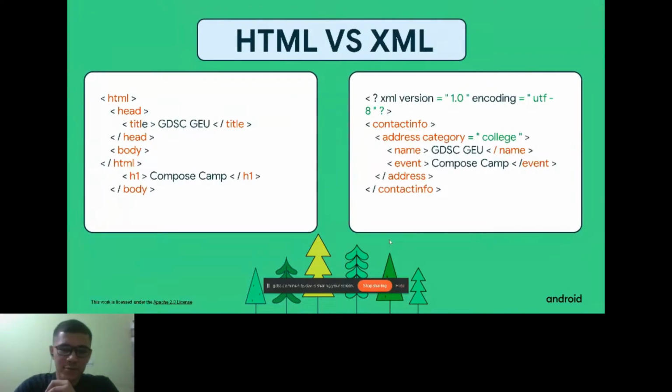Now Jetpack Compose removed all these constraints. Jetpack Compose in itself is a Kotlin based framework. So your UI is the code itself. What do I mean by that? Your user interface doesn't need to be sitting in a separate file, but you can code your user interface in the same file as your backend code.